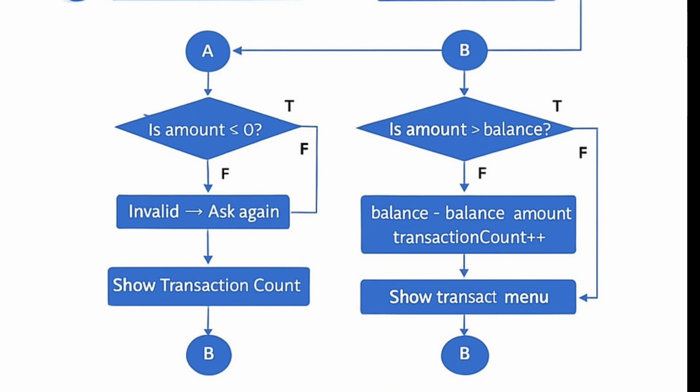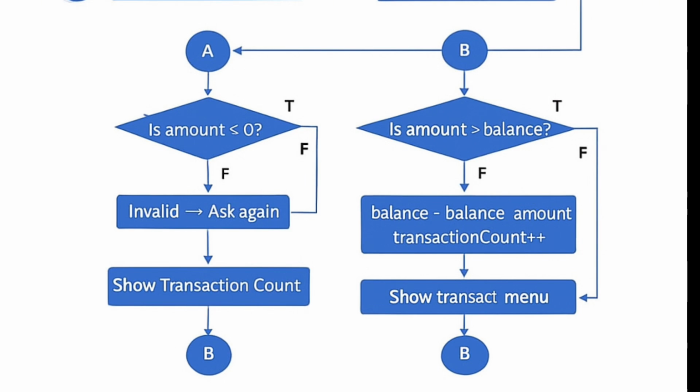On the right side of the flowchart, the program checks option 2. If so, it proceeds to the withdrawal or transaction section. If not, it checks option 3, which leads to show transaction count, letting the user see the total number of completed transactions.